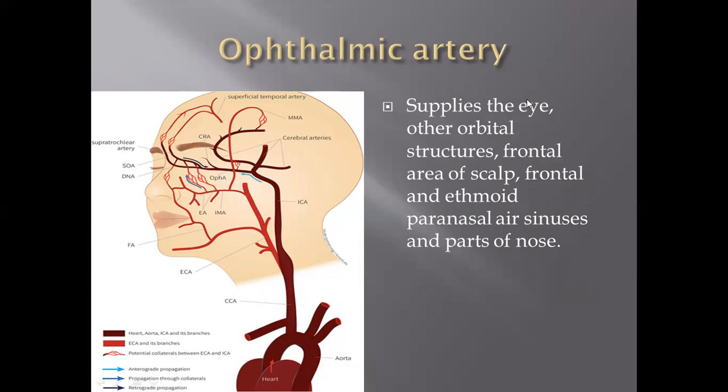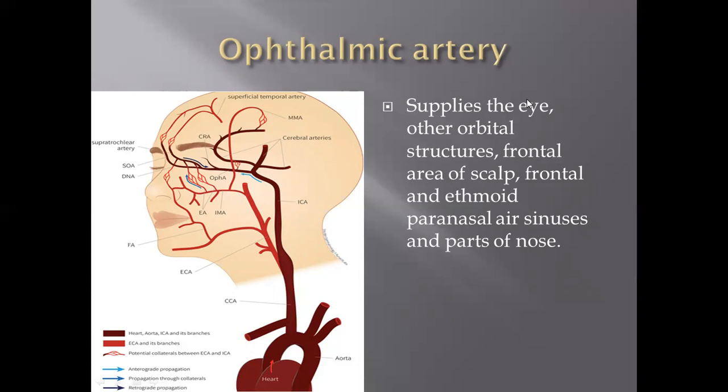Remember, it was actually going to be inferolateral. And it was going to gain access to the orbit, and it would supply the following structures. It would supply the eye itself via the central artery of the retina. It would supply other orbital contents.